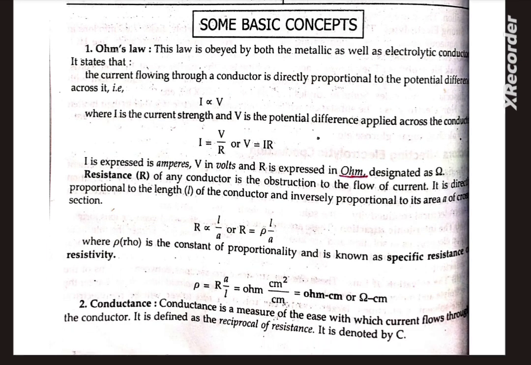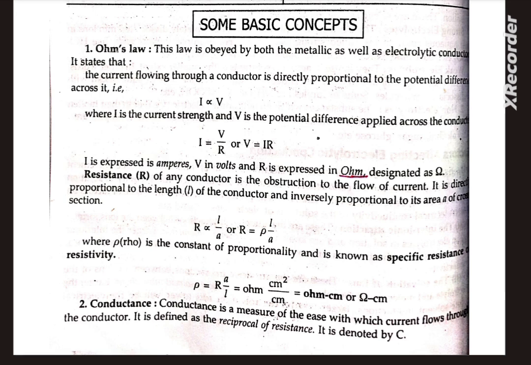Some basic concepts. First, Ohm's law. This law is obeyed by both the metallic as well as electrolytic conductors. It states that the current flowing through a conductor is directly proportional to the potential difference across it, that is, I is directly proportional to V, where I is the current strength and V is the potential difference applied across the conductor.